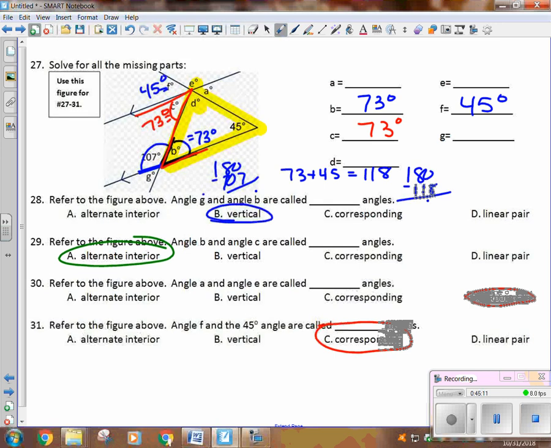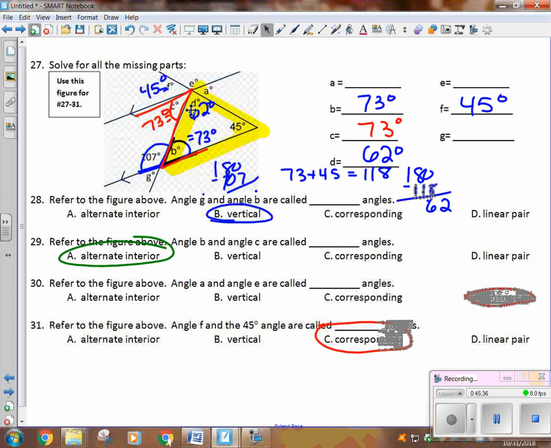I think I get 62. Let me check. I think that's right, 62. So D is going to be 62 right here. So now we've got 4 down, 3 to go.